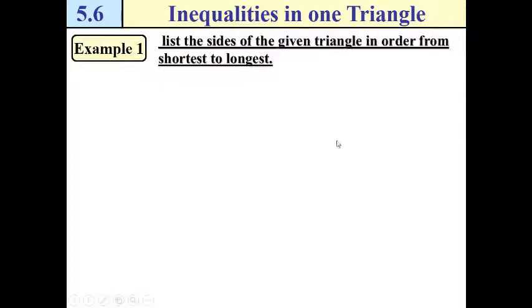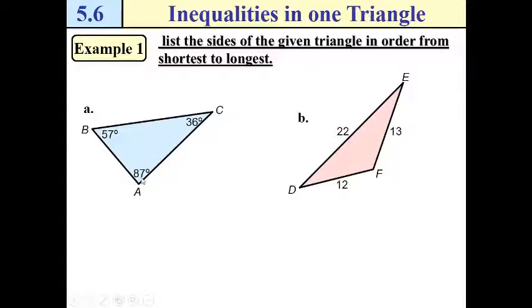Let's solve this question. List the sides of the given triangle in order from shortest to longest. According to the given angles in triangle ABC, let's put the measures of the angles in order from the smallest to the greatest.